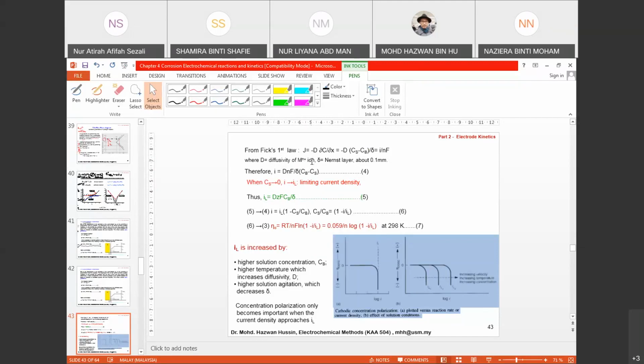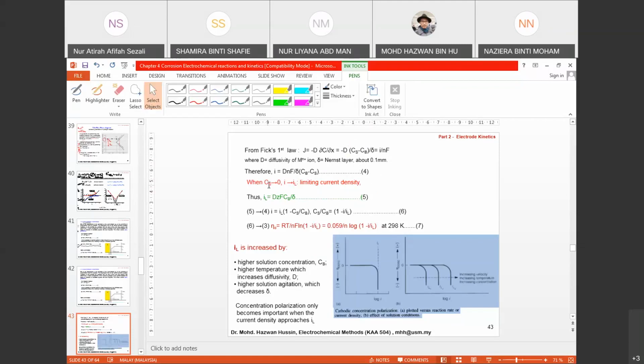Current density is equal to minus diffusivity multiplied by the difference of concentration over the difference of distance x, which equals this. The difference of concentration will be the concentration of solution minus the bulk concentration, and this delta is basically the Nernst layer, or the distance in mm.